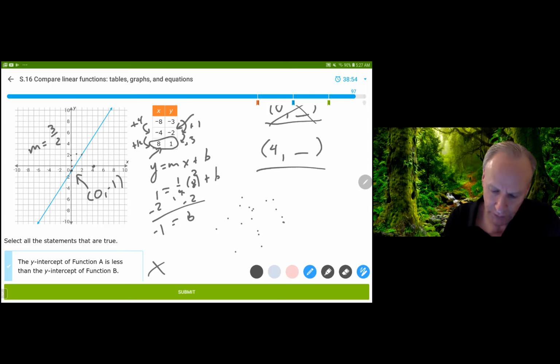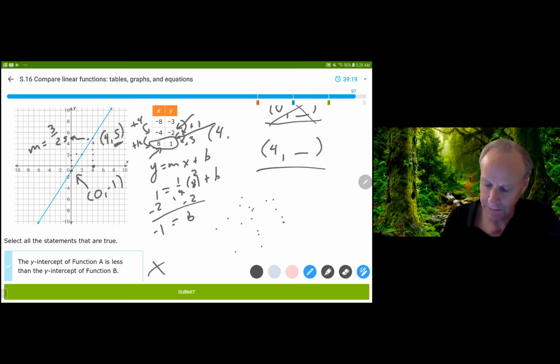I want to see what happens to this one at 4. Well, at 4, look at this. 1, 2, 3, 4, 5. This is 5. And so this point is 4, 5. I absolutely guarantee that this value for 4 is between 1 and -2.